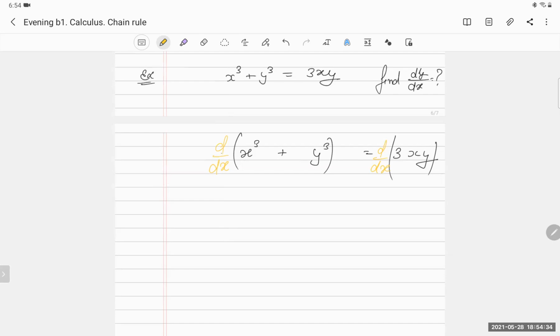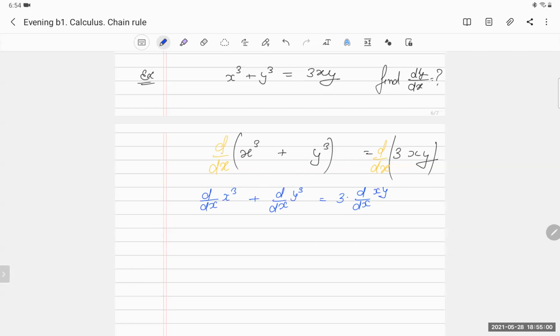I can make any operation on both sides, and in an equation that is valid because both sides are equal. So now I will separate the terms. This will become d by dx of x cube plus d by dx of y cube equal to 3 times d by dx of xy.